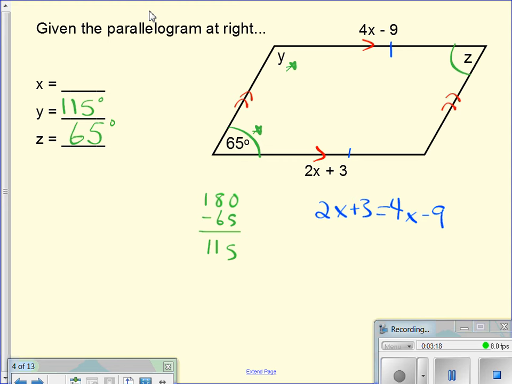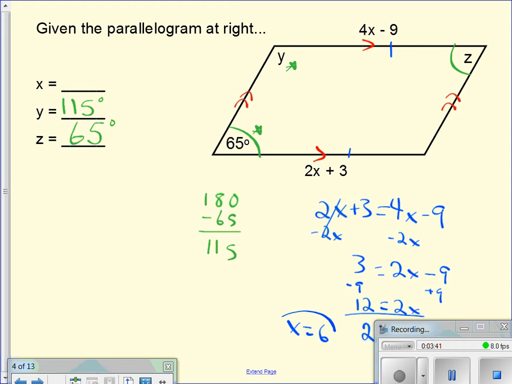I want to get x by itself, so subtract 2x and I've got 3 equals 2x minus 9. I add the 9 over, and I'm left with 2x equals 12. When I divide both by 2, I'm left with x equals 6. Boom, done. One problem down.